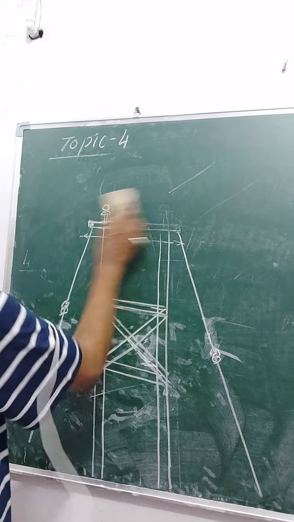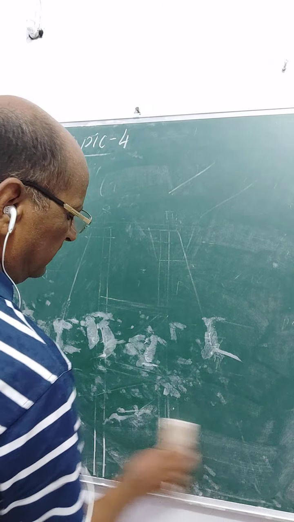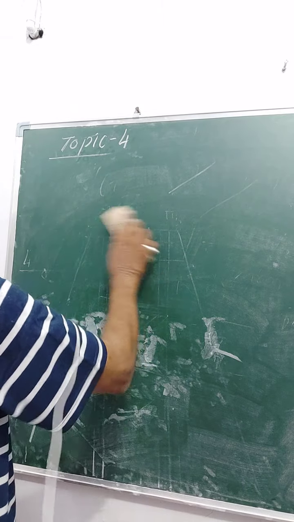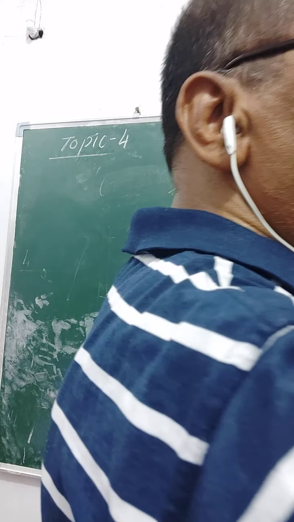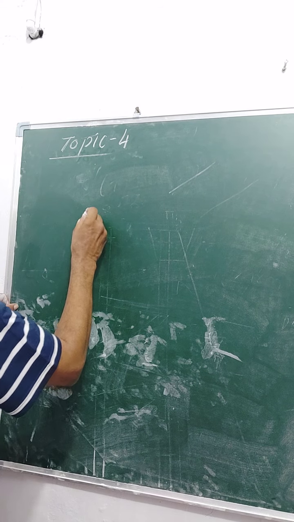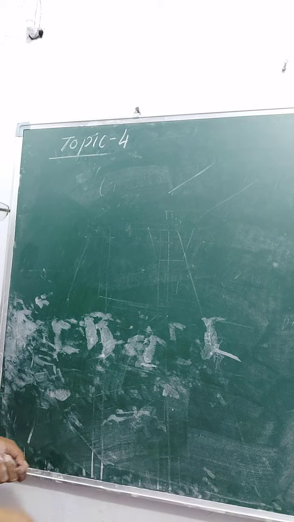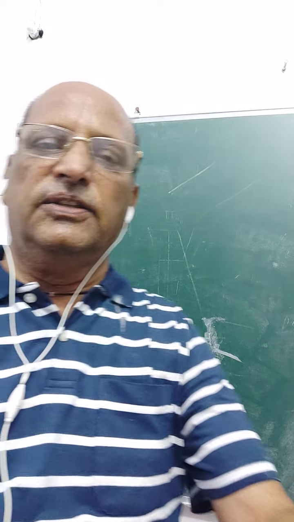Now come to the LT line. LT line is majorly used in city areas for distribution of electricity to domestic as well as commercial consumers. And here poles are the same as I have discussed in the HT line, but the only difference is that this pole is 7 meter long or 9 meter long, while in the case of HT we took 9 meter and 11 meter.